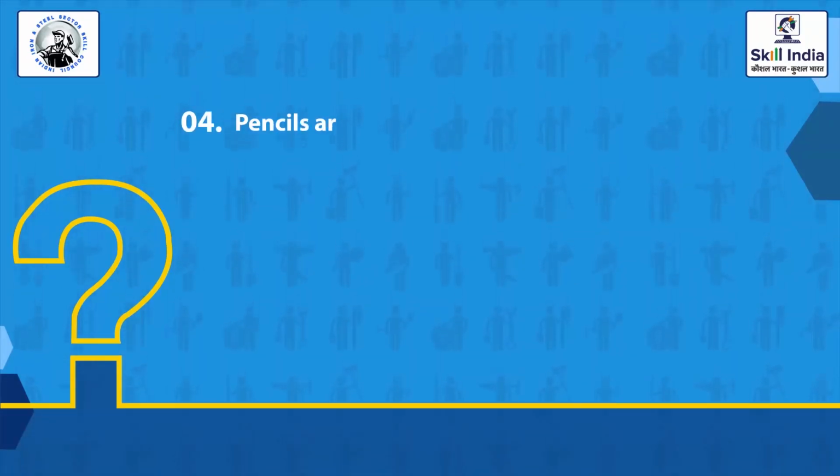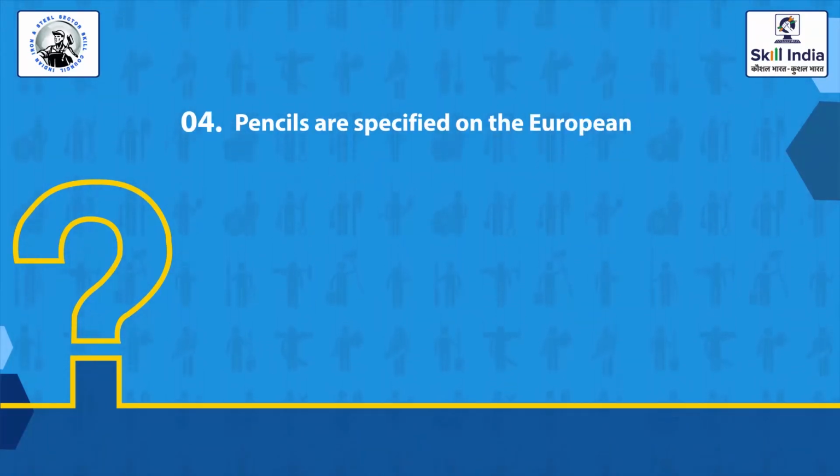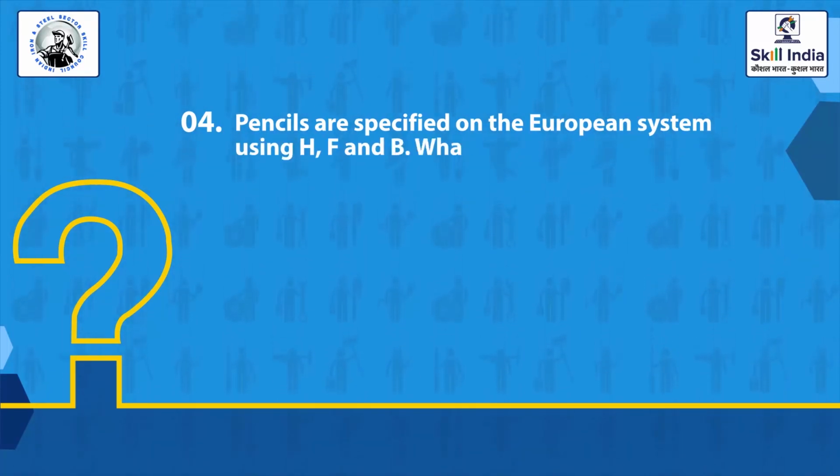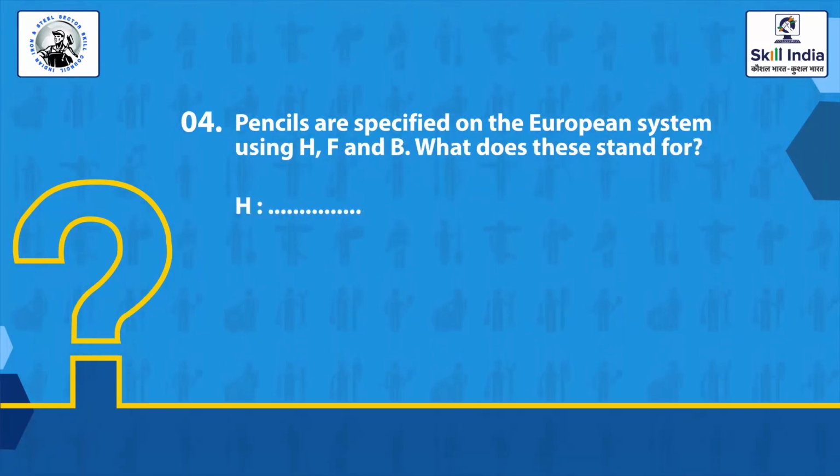Question 4. Pencils are specified on the European system using H, F and B. What does G stand for?